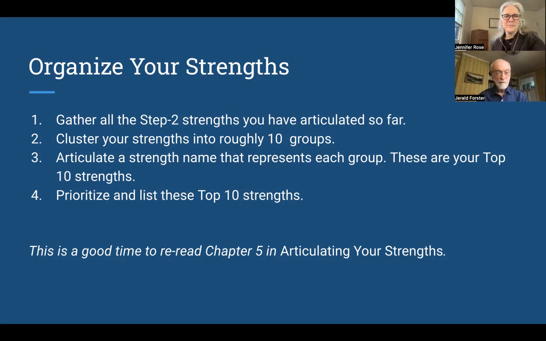Gerald? Okay. Well, when I did it, I've been doing this for years, but the major thing I remember is that I decided to put them on cards, each strength on a card. So as I went along, a little 2 by 5 or 2 by 4, I don't know, those little index cards you have.